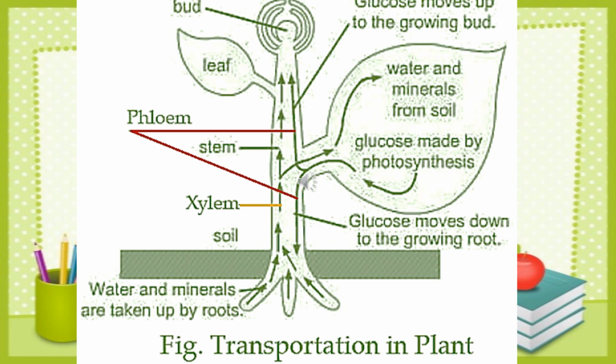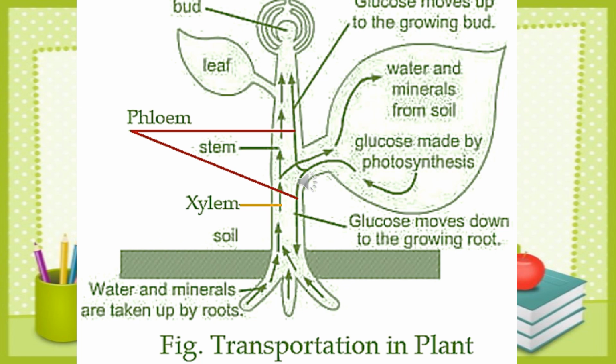Look here, the water at the bottom of the picture, water and minerals from the soil, enters the roots and goes upward toward the leaves, and for what? To take part in the food making process of photosynthesis. And what kind of food is produced? That is glucose. It's a kind of carbohydrate.